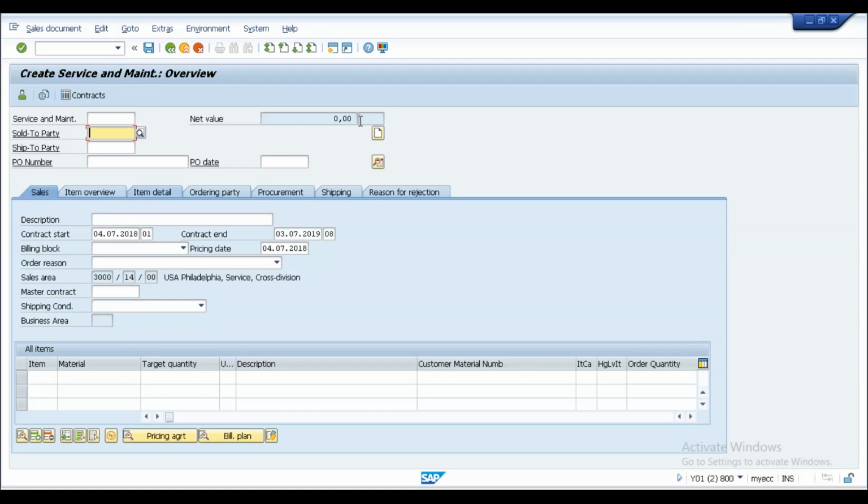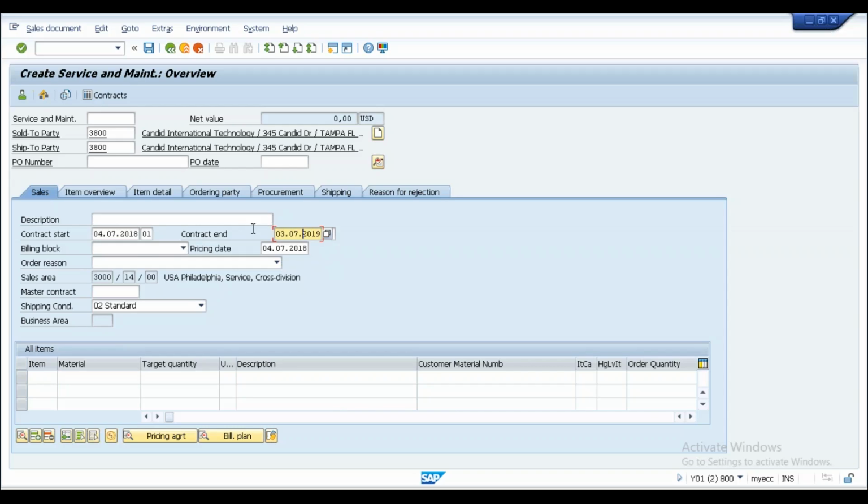Here you need to enter the data. You can see this screen is very similar to the sales order screen. You can enter the sold-to party here, which is your customer. Enter. You can see the contract start and contract end. These are the default settings maintained for contract type SC.